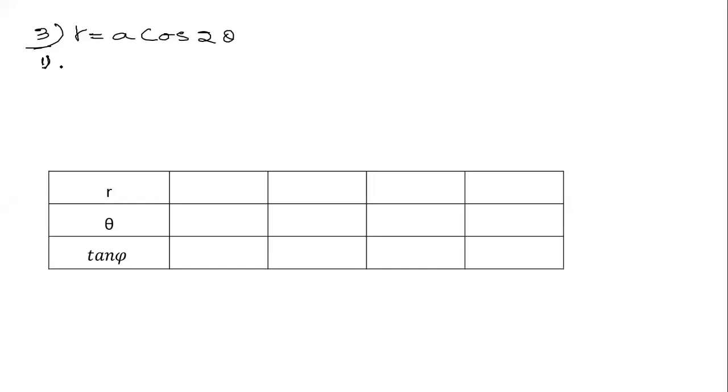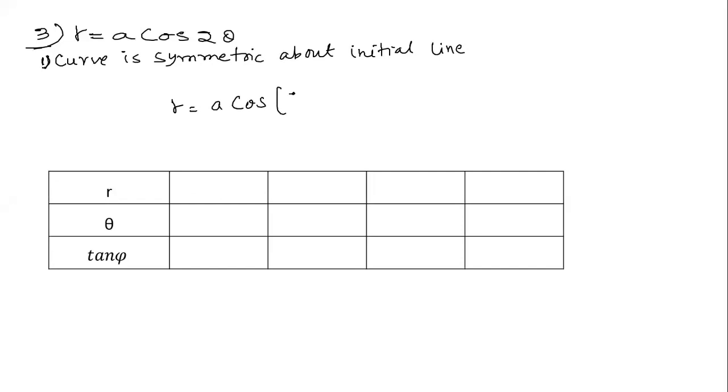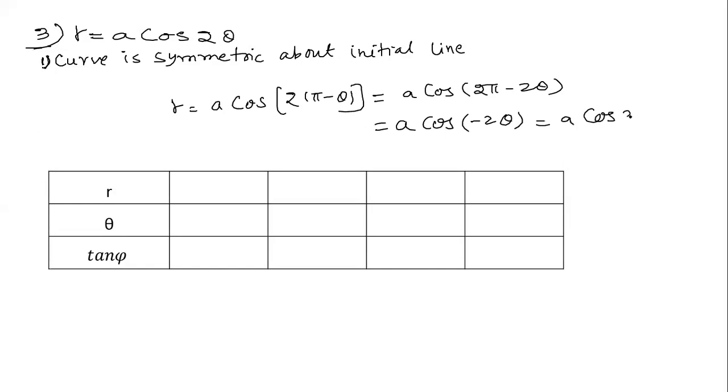The curve is symmetric about the initial line or horizontal axis. And then property 2, replace theta by pi minus theta. So r will be equal to a times cos of 2 times pi minus theta. So this will be a times cos of 2 pi minus 2 theta. This is a times cos of minus 2 theta, and we know this is a times cos of 2 theta.